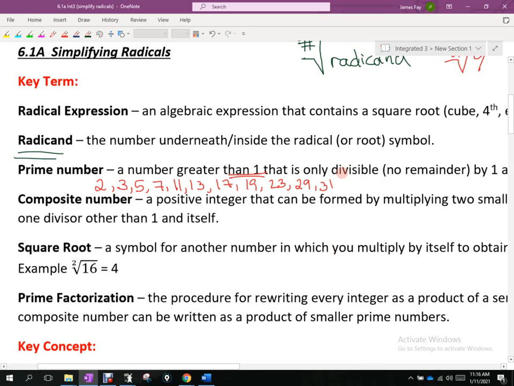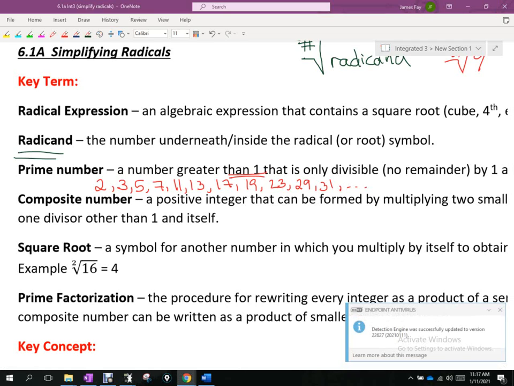Now, we got a lot of them early on, but the larger the numbers get, the more sparse prime numbers are. So let's see. We might be able to find a short list of prime numbers.